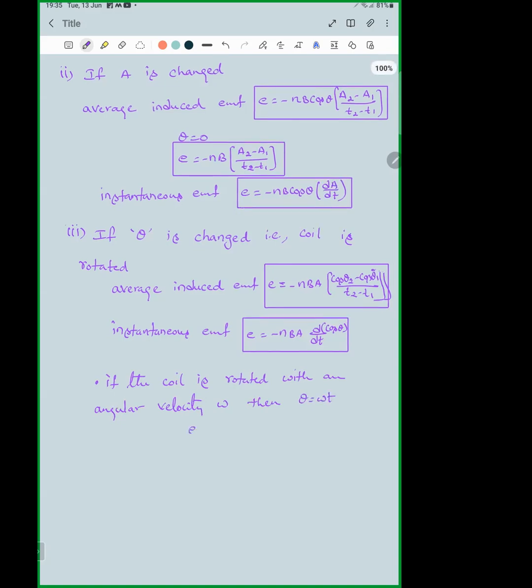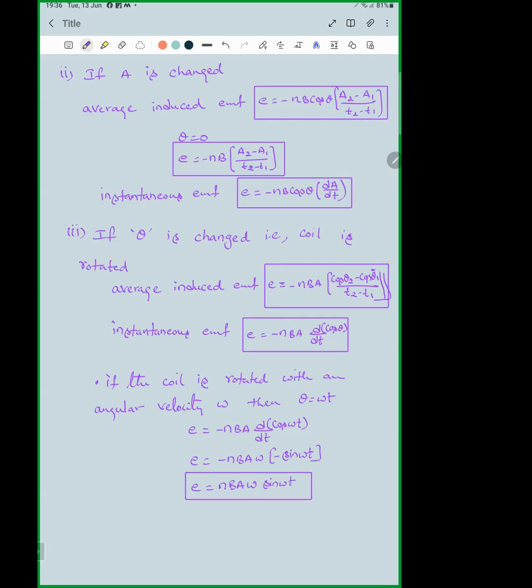So then E is equal to minus NBA into d by dt of cos omega t. Differentiation of cos omega t gives omega times minus sin omega t, isn't it? So E is equal to NBA omega into sin omega t.